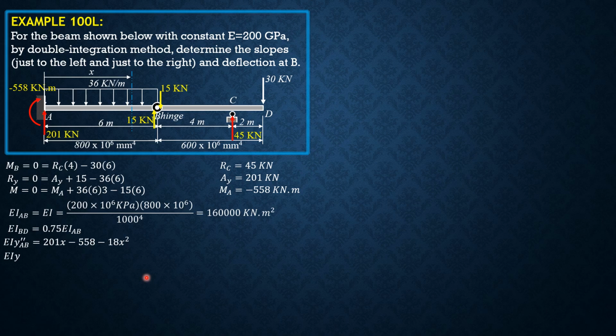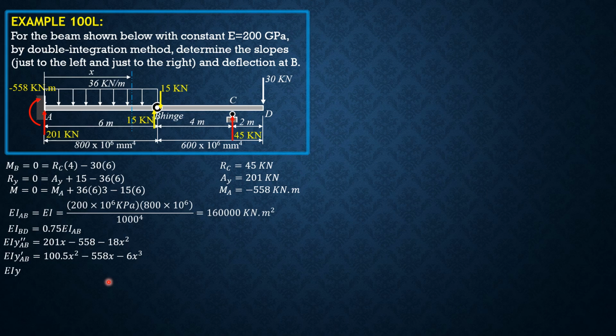Integrating once, EI y prime AB is equal to 100.5 x squared minus 558x minus 6x cubed. There's no C sub 1 because the slope and deflection at A for a fixed support are zero. So C sub 1 is 0, C sub 2 is also 0.